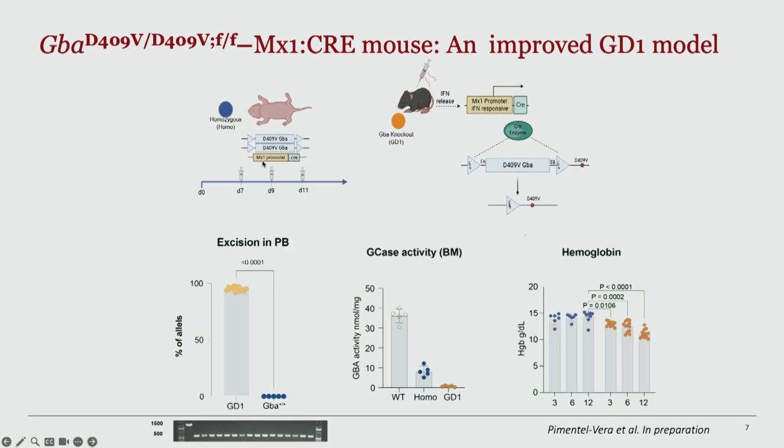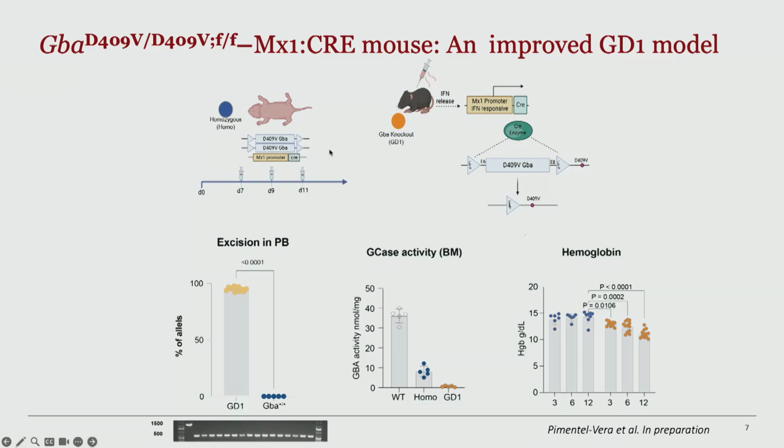After that, we activate this Cre system by performing a neonatal injection of poly I:C, which acts like an mRNA, which activates our promoter, promoting the excision of these exons of the gene and creating a knockout of GBA in all hematopoietic lineage, including the HSCs.